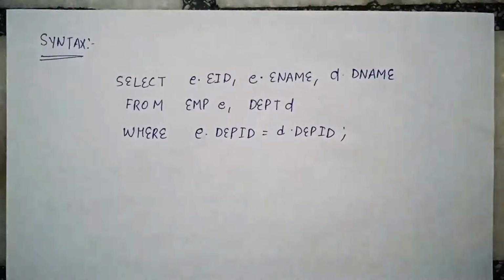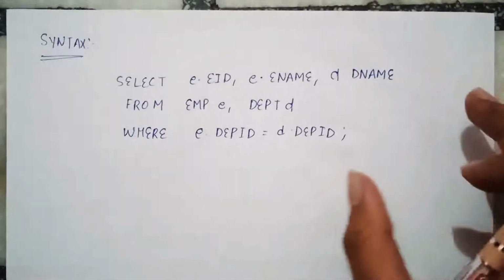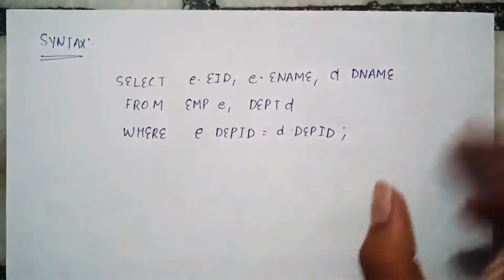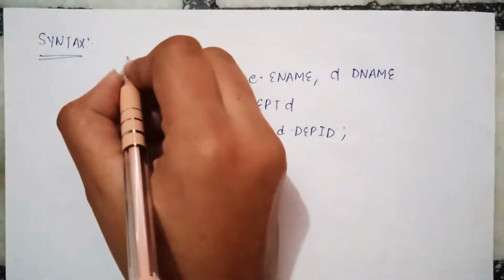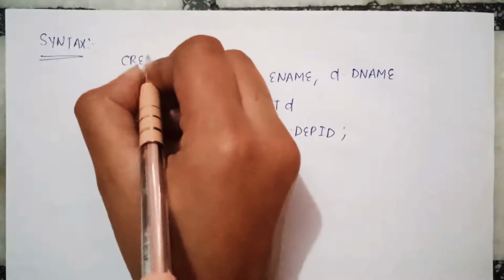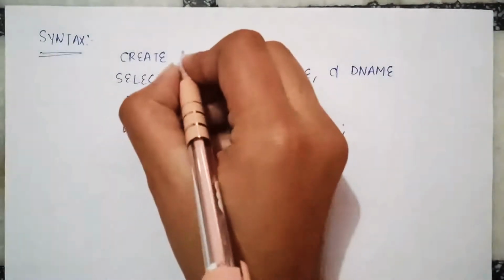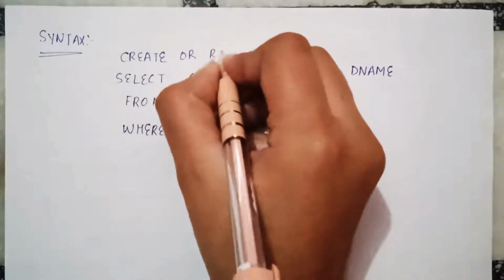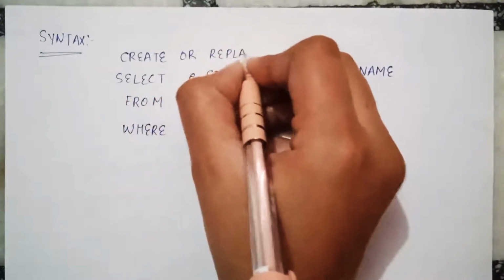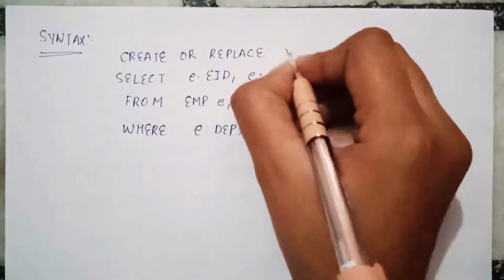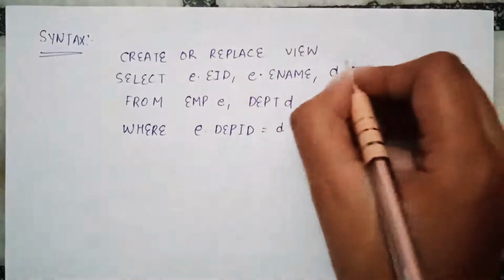Now we want to mark this selected data as a view. So we will simply write over here create or replace view, and we will give the view name.